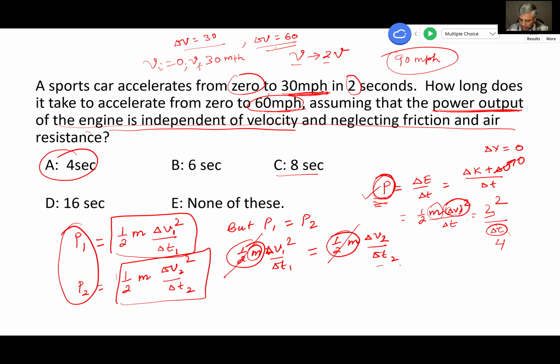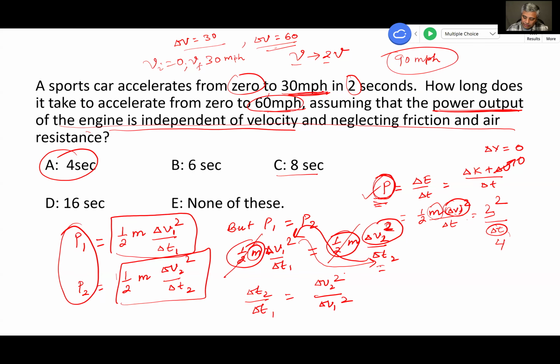And now we want delta t2, so let's bring delta t2 over here and delta t1 on this side. Oh, this should have been squared here, okay? So on the right-hand side, I am left with delta v2 squared, and I am bringing delta v1 squared to the bottom, switching the side, cross multiplication, which you probably have heard. All right, delta v1 squared, okay?